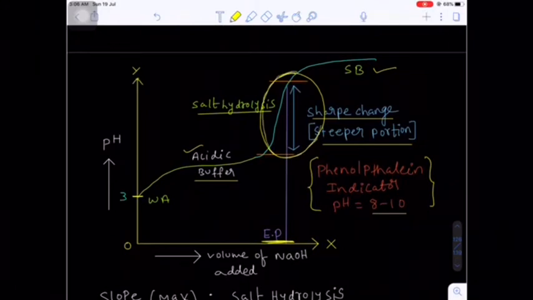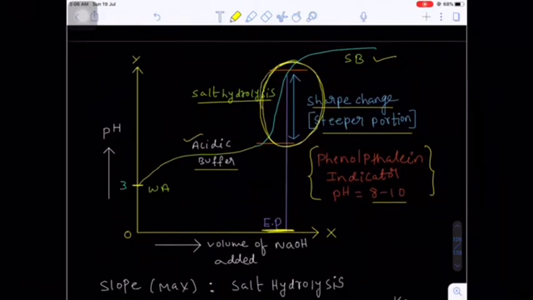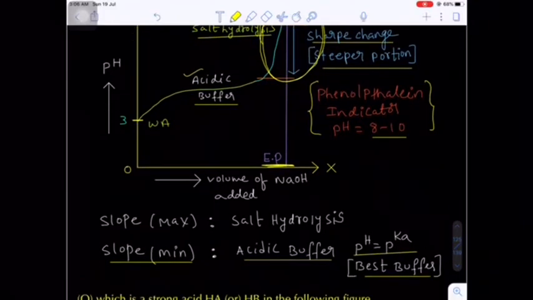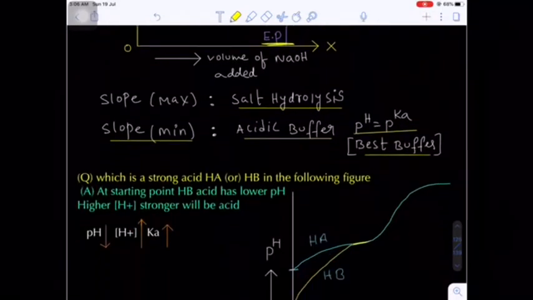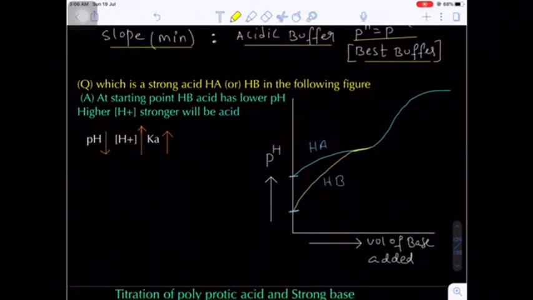And the slope will be maximum when the straight line is vertical. Here the straight line is vertical, corresponding to the salt hydrolysis portion. Which portion? The salt hydrolysis portion, that is the equivalent point. Are you getting my point? So this is the weak acid and strong base titration curve.